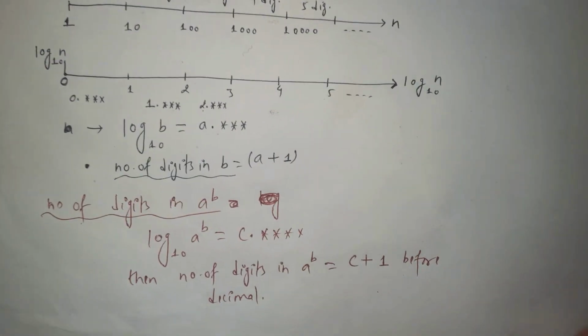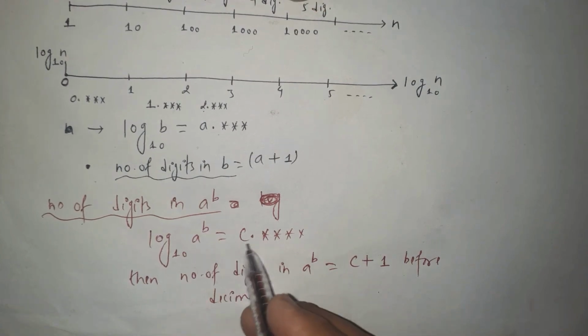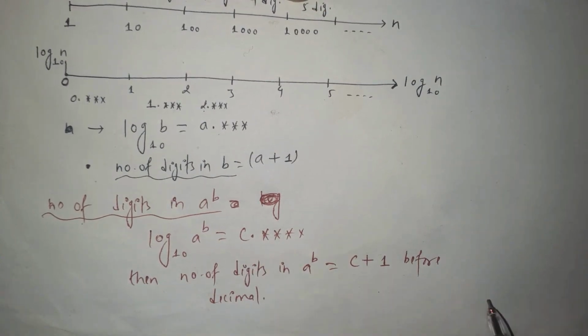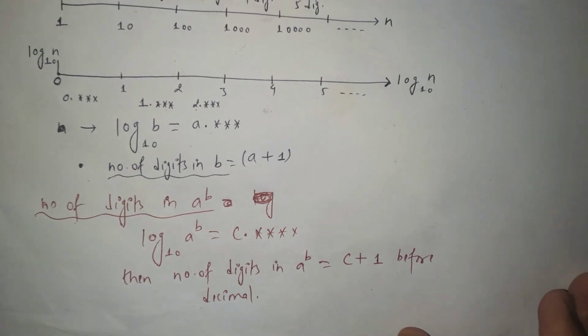Please remember this formula. We first calculate the logarithmic value, then add 1 to the logarithmic value to get the number of digits.